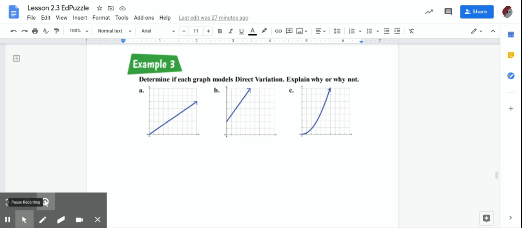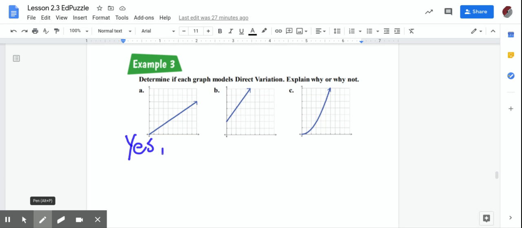Determine if each graph models direct variation. Explain why or why not. A is direct variation, so it would be yes. And the reason why is it is a straight line and it goes through the origin.